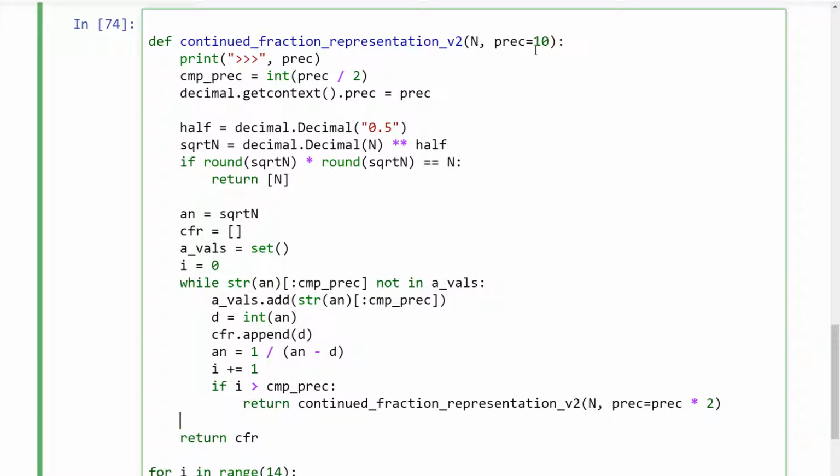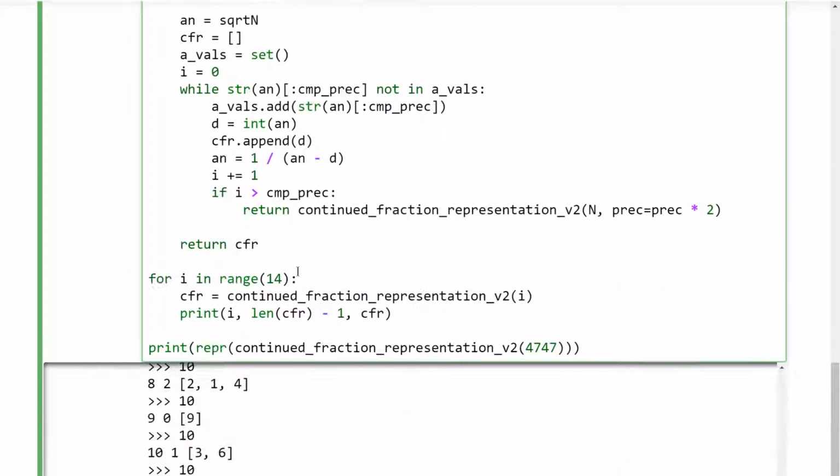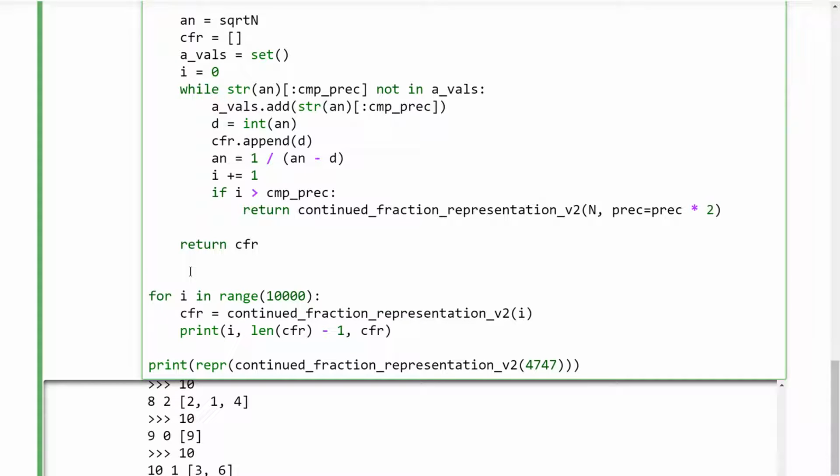Let's see. So we start off there, we do this, and now we can actually look at the whole thing. So let's do for i in range 10,000, and we count odds. So norm odd, CFR, 0.